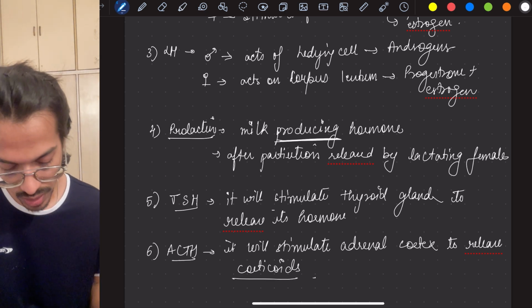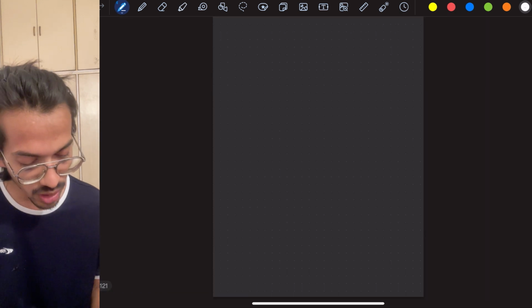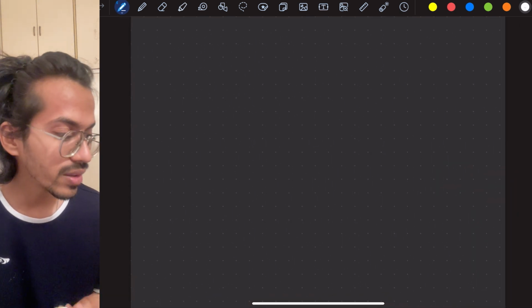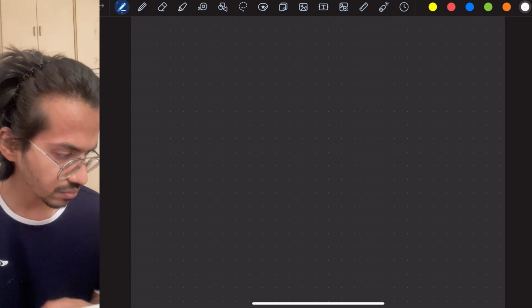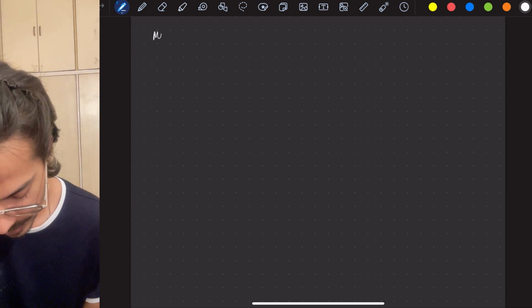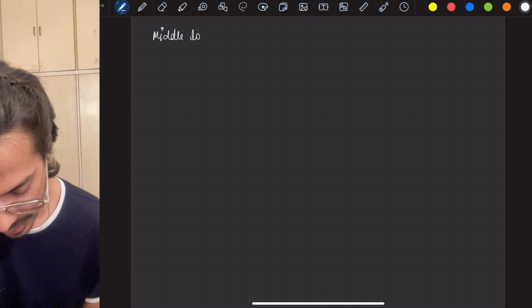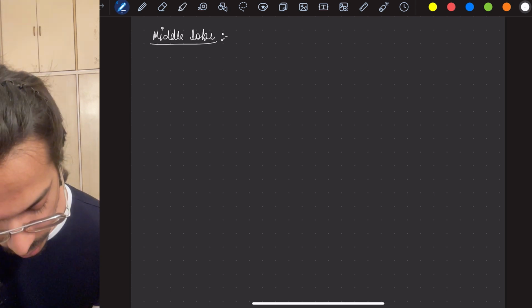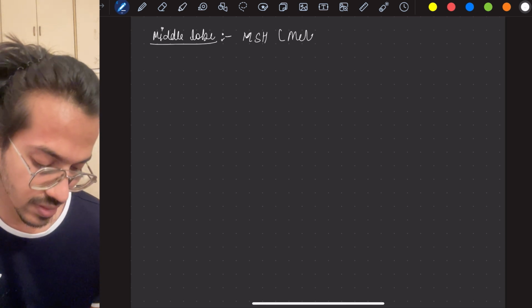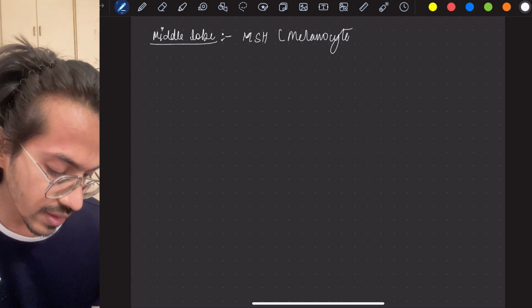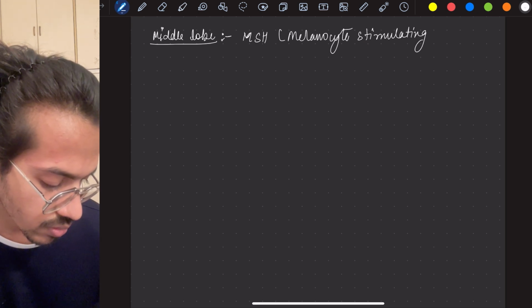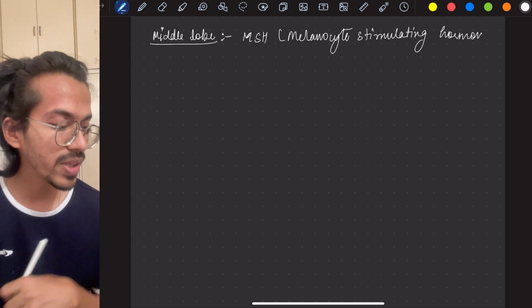Then I have told you there is a middle lobe. The middle lobe releases only one hormone, the MSH. The middle lobe, also called the pars intermedia, releases only one hormone called MSH, that is melanocyte stimulating hormone. So basically what does it do?